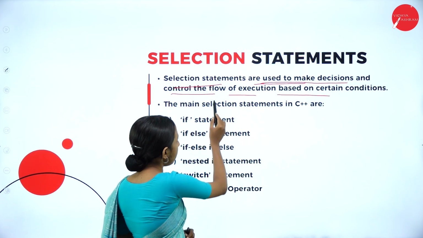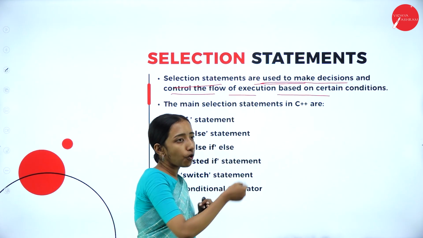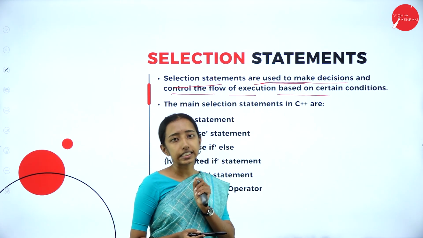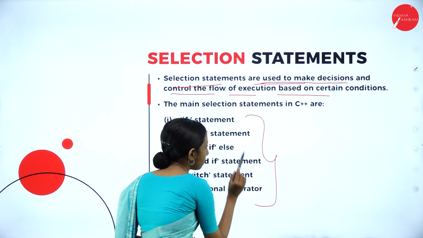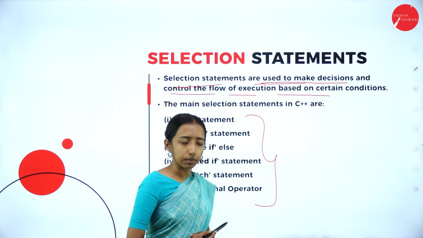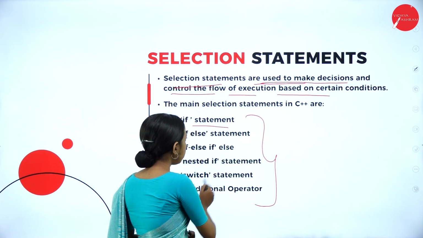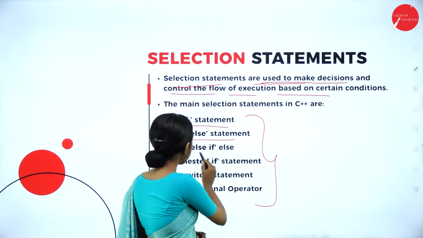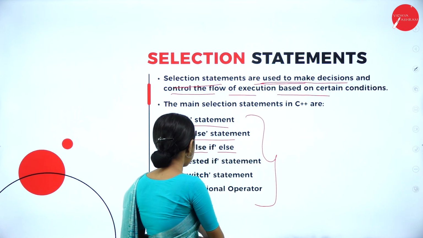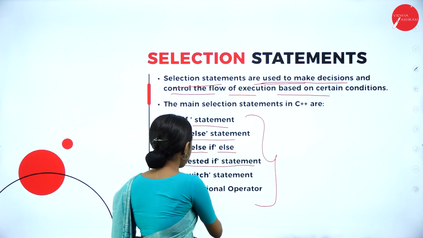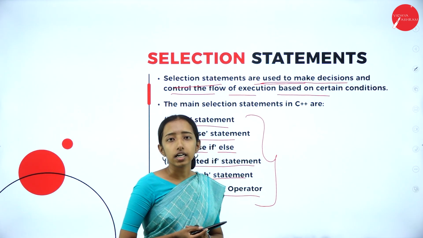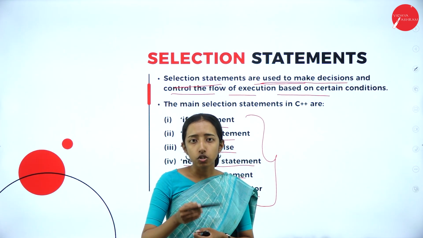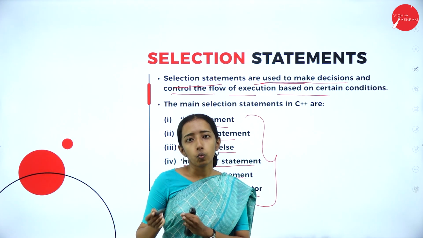We have different types of selection statements: if statement, if else statement, if else if statement, nested if statement, switch statement, and conditional operator. These are the selection statements, and we will learn them one by one.